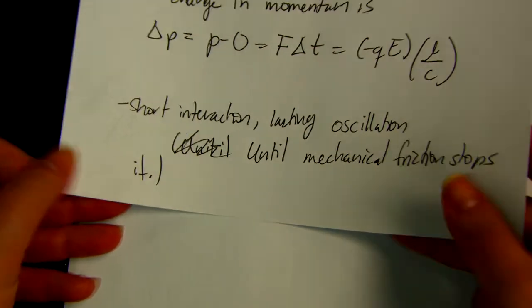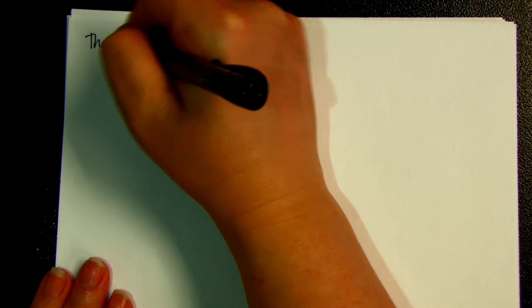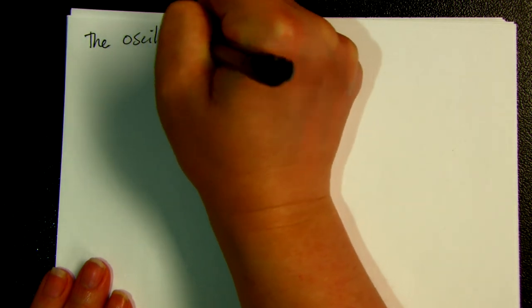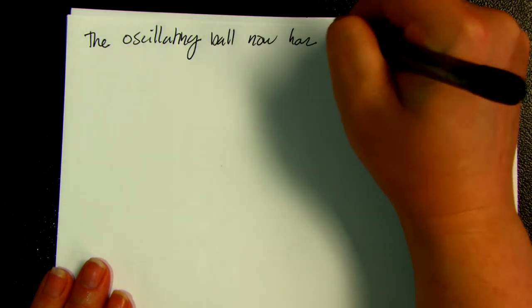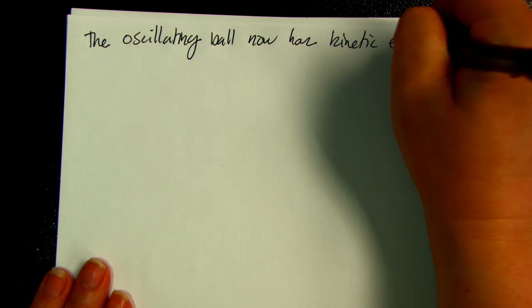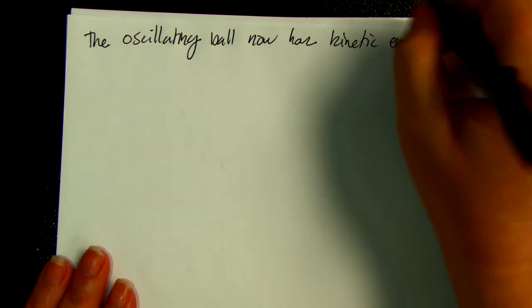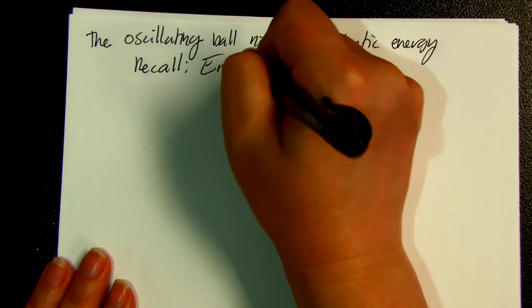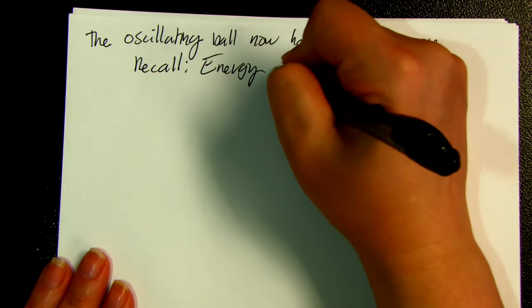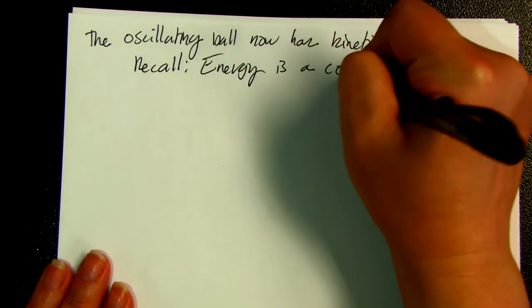All right, so now let's just, for funsies, bring in more stuff that we've talked about. So the oscillating ball now has kinetic energy. And if you recall, and hopefully this is no surprise, energy is a conserved quantity.